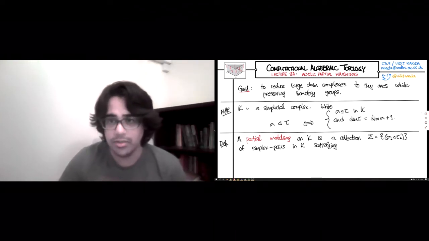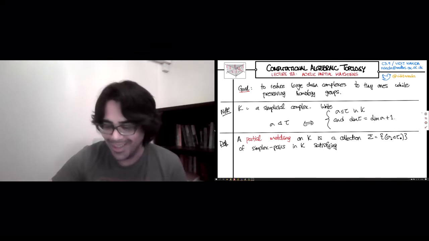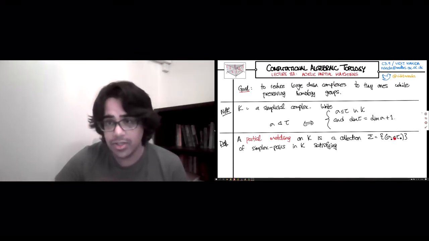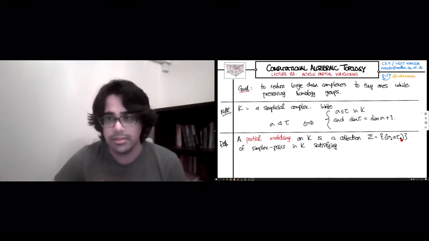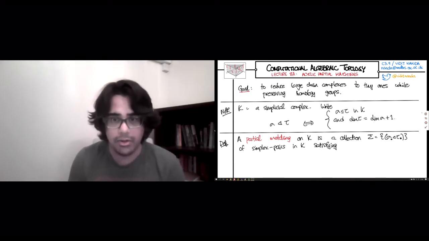So one condition has already been written down. I'm not trying to sneak it under your nose or whatever. That condition is that these pairs have to differ. I mean, sigma has to be a face of tau for every pair in here and of codimension 1. So these two conditions have to be satisfied for every pair. So that's sort of implicit now in our notation.